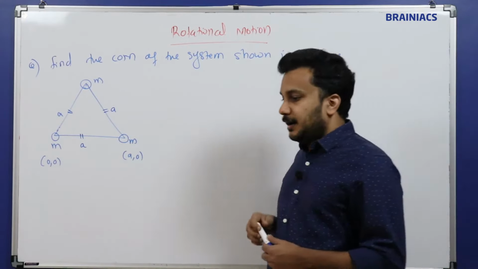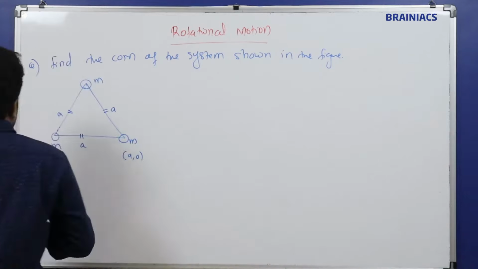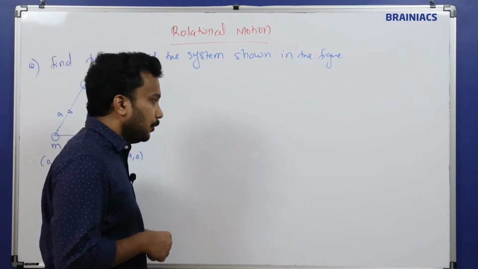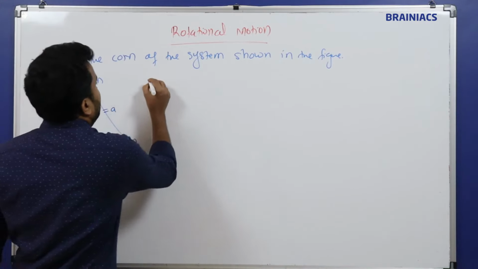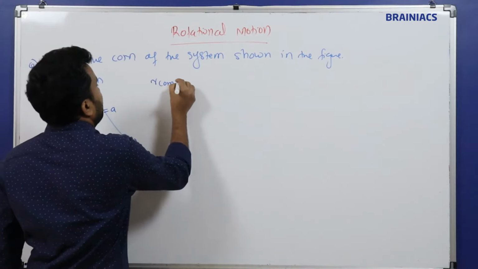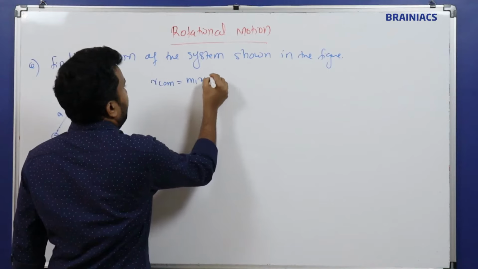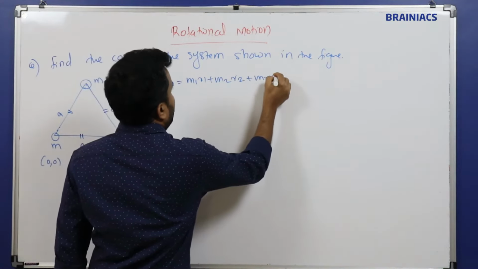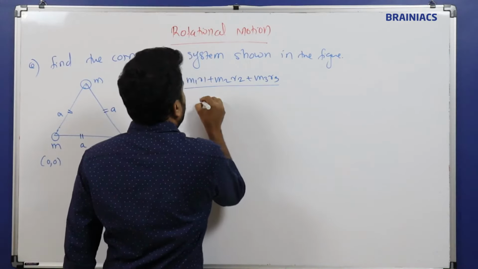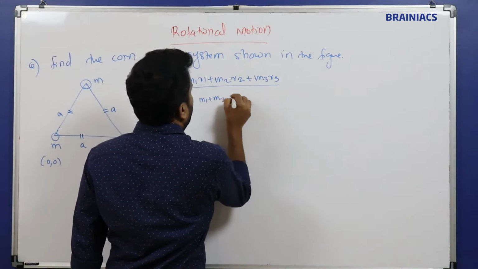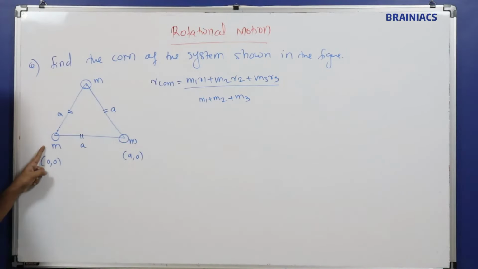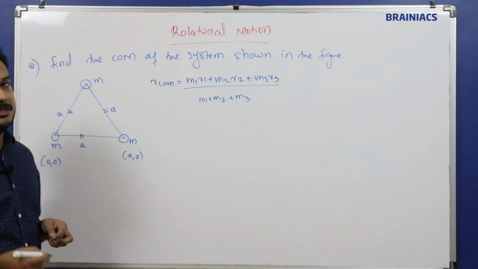As I told before, we have the position coordinates. RCOM equals m1 r1 plus m2 r2 plus m3 r3, whole divided by m1 plus m2 plus m3, where r1 is the position coordinate of the first body, r2 the second body, r3 the third body.